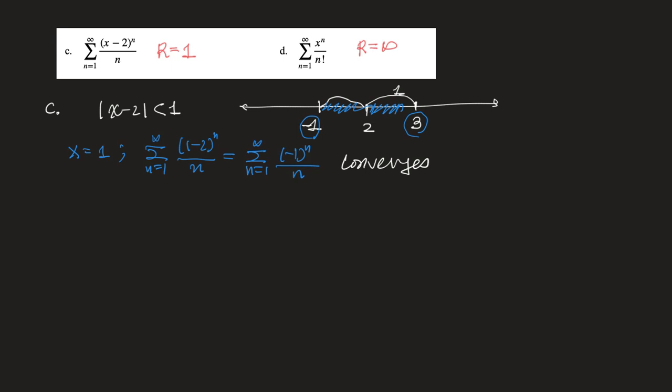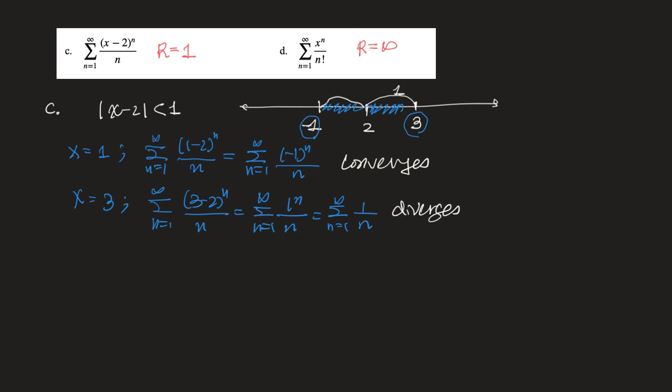Let's do the other endpoint, x equals 3. You plug in 3 into this power series: 1 to the n over n, and 1 to the n is 1. What is this? The harmonic series. That diverges.